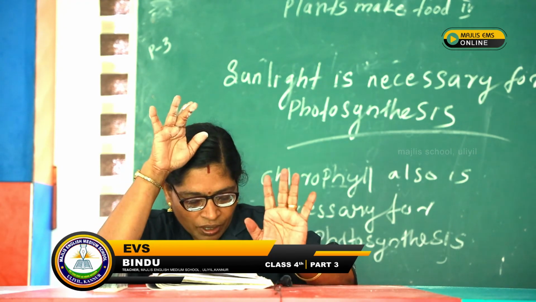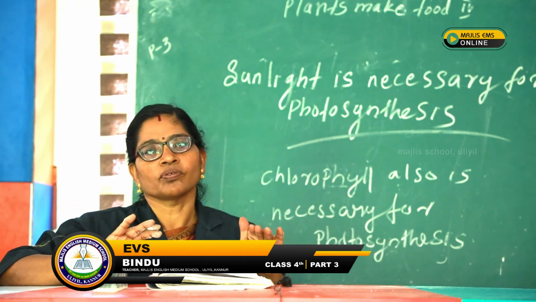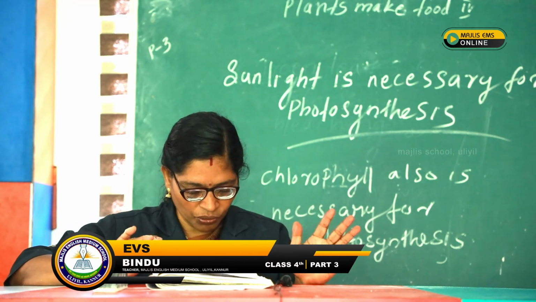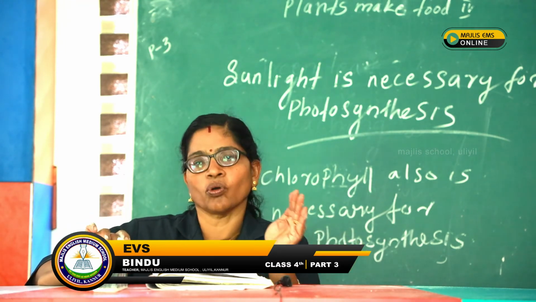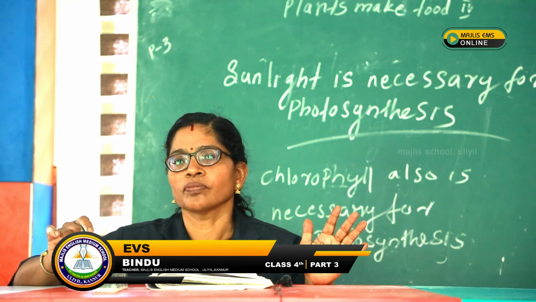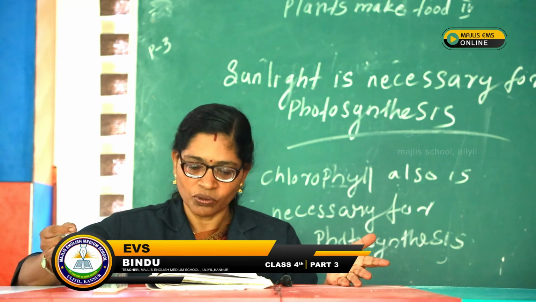Okay. Then the flattened part of the leaf is the lamina or leaf blade. And plants store extra food in the form of starch, that you already studied. Okay.